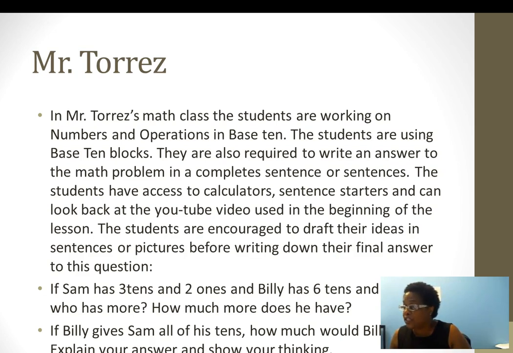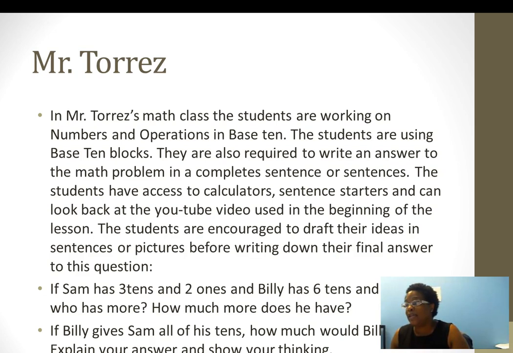If Sam has 3 10s and 2 1s, and Billy has 6 10s and 5 1s, who has more? How much more does he have? If Billy gives Sam all of his 10s, how much would Billy have? Explain your answer and show your thinking.